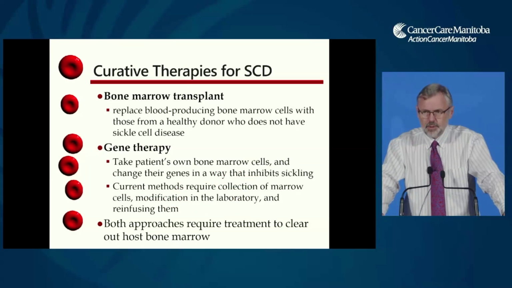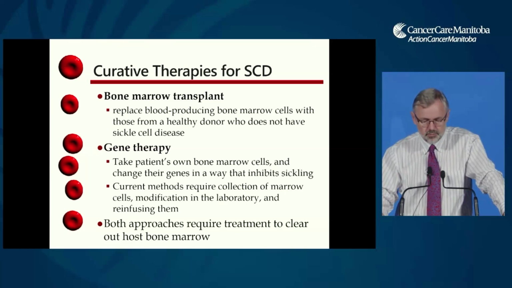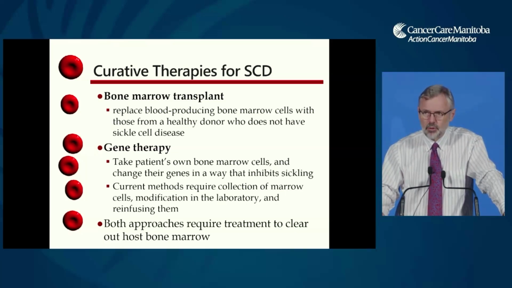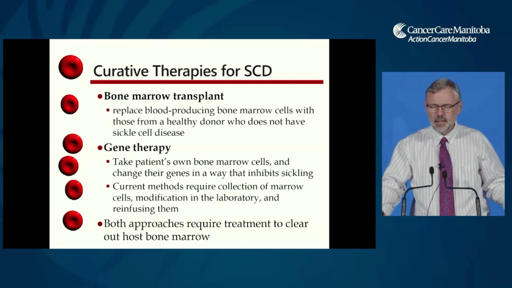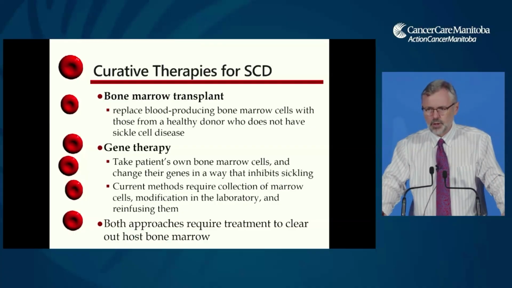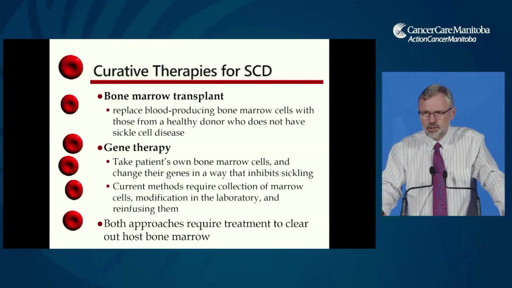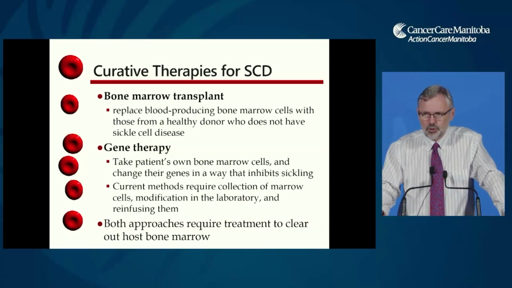So what are the curative therapies for sickle cell disease? There's basically two. There's bone marrow transplant, and the idea in bone marrow transplant is you replace the blood-producing cells from the patient with blood-producing cells from somebody who doesn't have sickle cell disease. Pretty simple in concept, a little more challenging in implementation.